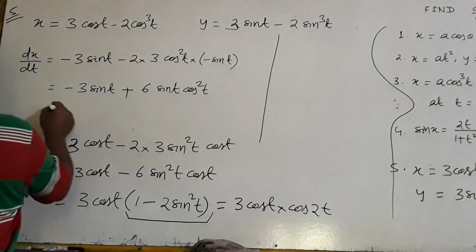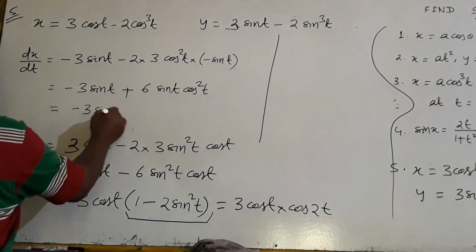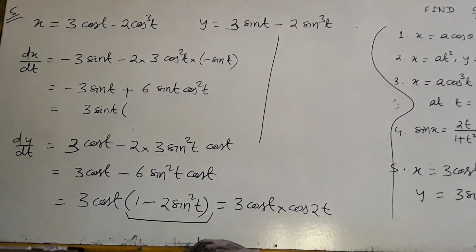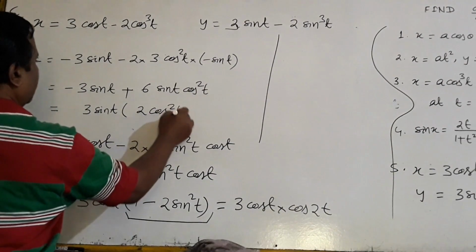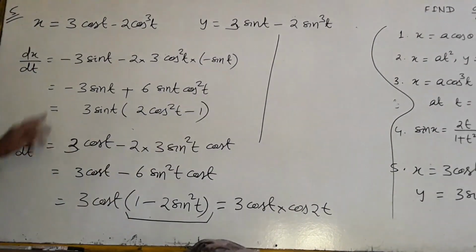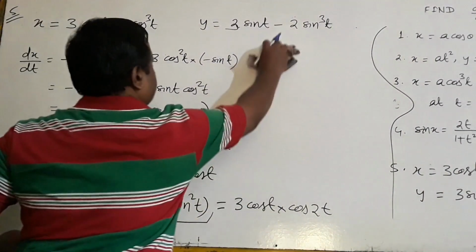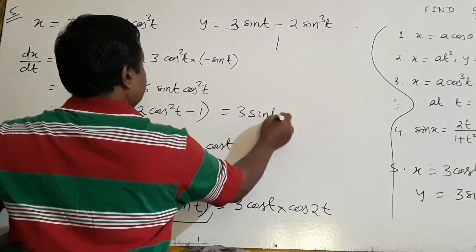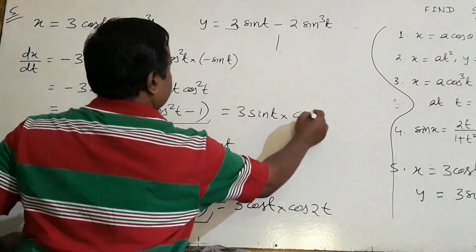Similarly, in this step, minus 3 sin t, I am taking 3 sin t common. It becomes 2 cos square t minus 1 for this. So it becomes 3 sin t into cos 2t, which is also a formula.